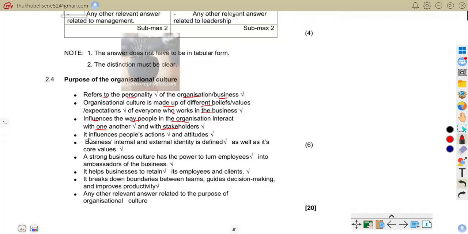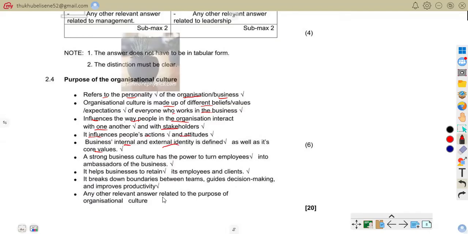That is that. Also it influences people's actions and attitudes. For example, employees willingly assist colleagues. So that is that.